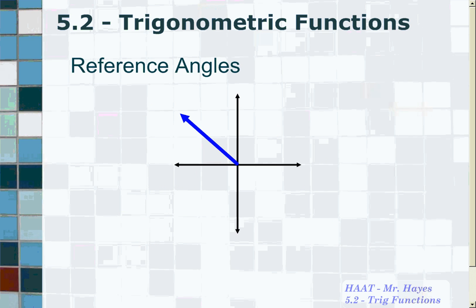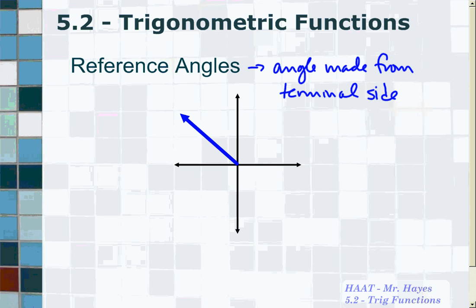Now, reference angles. Reference angles are the angle made from the terminal side to the horizontal axis. You are never going to the y-axis, you're always going to the x-axis.